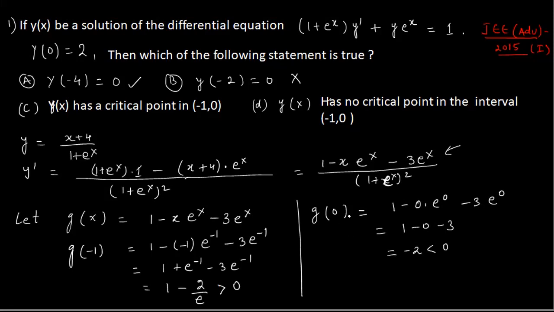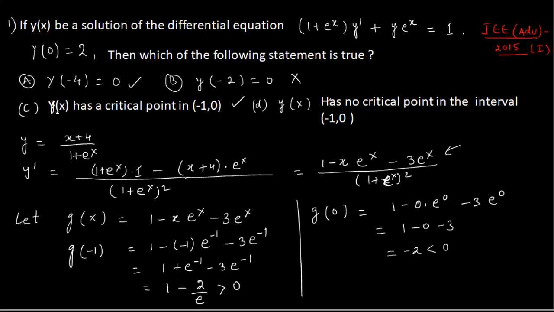Since the value of g(x) is less than 0 at x equal to 0 and more than 0 at x equal to negative 1, by the intermediate value theorem, we can say g(x) must have a zero between negative 1 and 0. Therefore, our original function y must have a critical point lying between -1 and 0. So option C is correct.